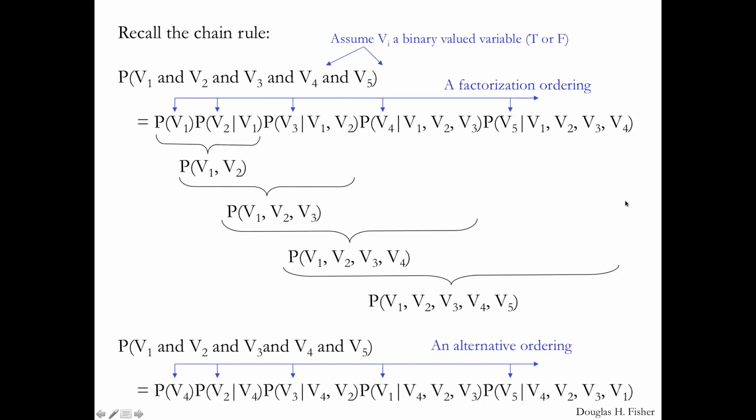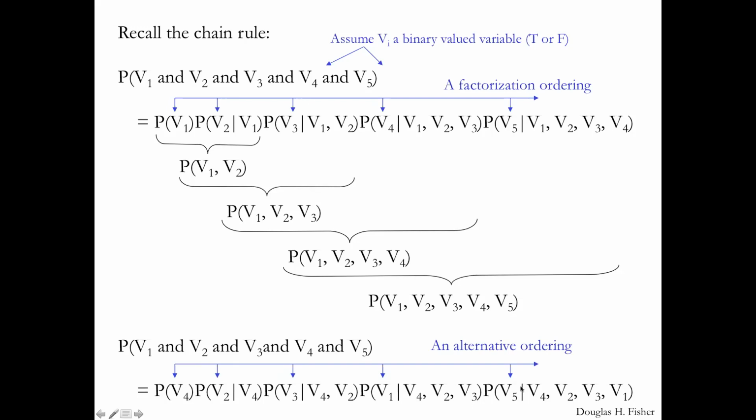There are alternative ways to order the variables that give you, in the general case, an equivalent expression. This expression would compute the same value as that expression. They would both compute the joint probability distribution of V1 through V5. But this ordering is V4 followed by V2, followed by V3, followed by V1, followed by V5.